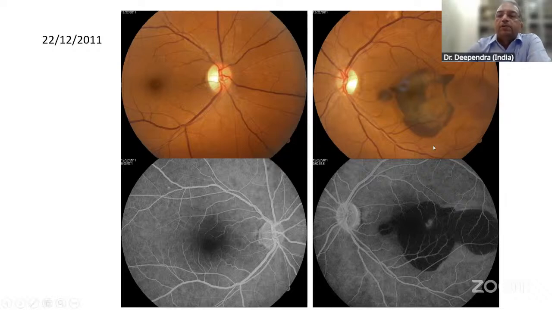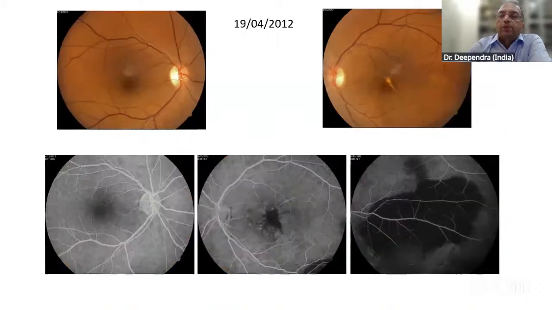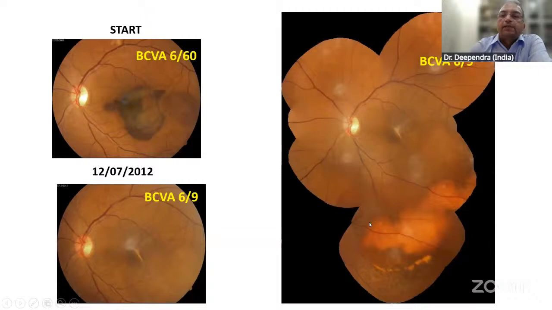This was a post-traumatic submacular hemorrhage. And you see we injected gas. You can see a shadow here from the gas bubble. And if you see the overall size of the blood, it was not that big, but you get to know the amount of blood once you see it getting displaced inferotemporally. Now you see this much amount of heme was lying at the macula.